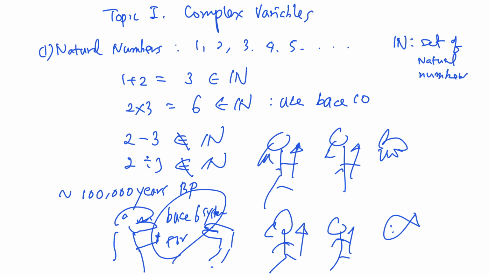So in a way, the reason why we are using the base 10 system is probably the result of the evolution of our species, and because of the bad luck of the dinosaurs.